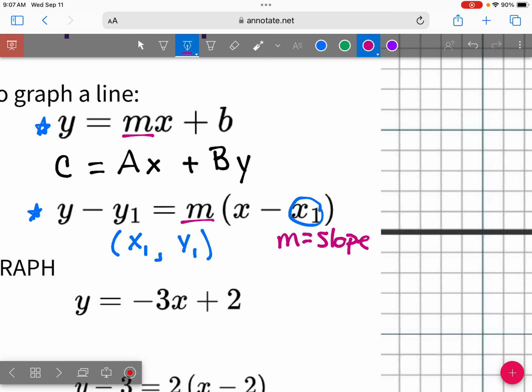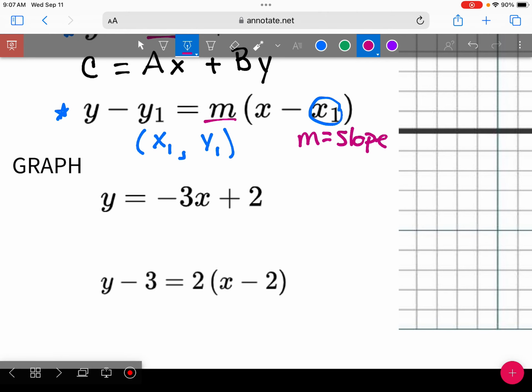So we're going to graph these 2 lines, and I'm going to do both of them on the same graph just so that we don't take up that much space. So we have 2 equations down here at the bottom that we're going to graph.